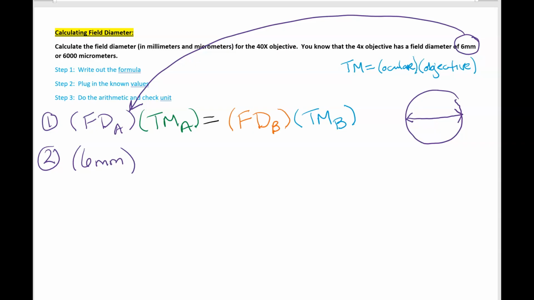Then I need to plug in the total magnification for the 4x objective. So I remember that total magnification is the product of the ocular lens times the objective lens's magnification. So I know I'm using the 4x objective, and my total magnification would be 10 for the ocular times 4 for the objective. So the value here is 40.